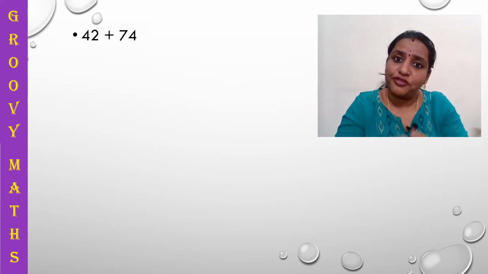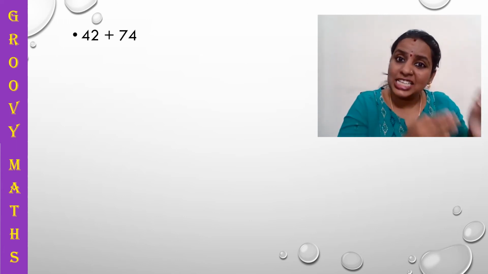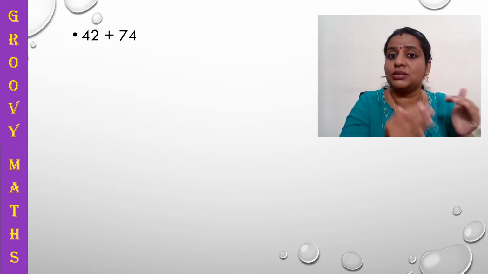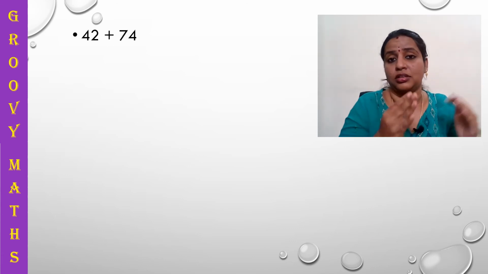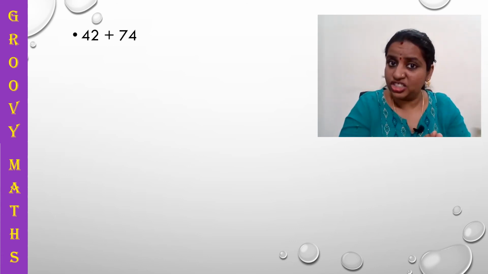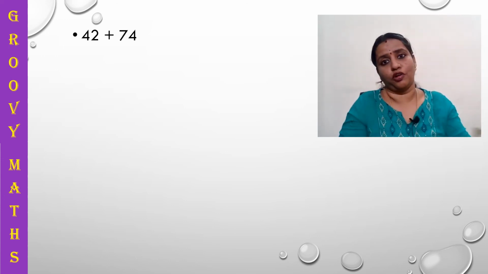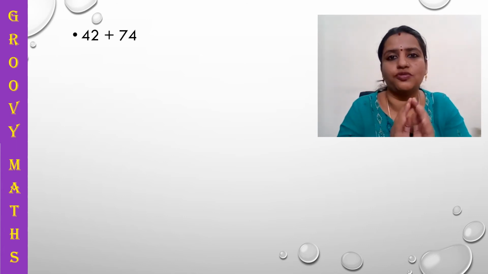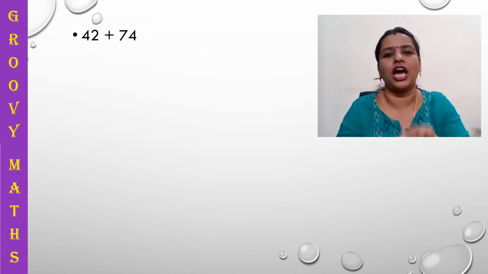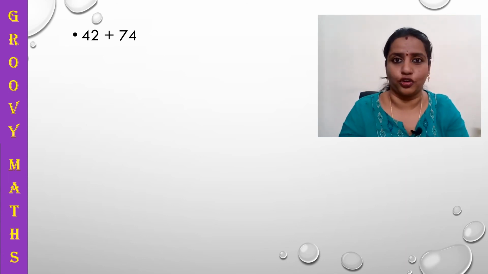At the same time, if we have a number ending with digits less than 5, it may be 1, 2, 3 or 4, then we can go for the previous multiple of 10. Okay, the very same concept which we use for rounding off. For our easy and comfortable calculation, we are going to follow the same thing here.